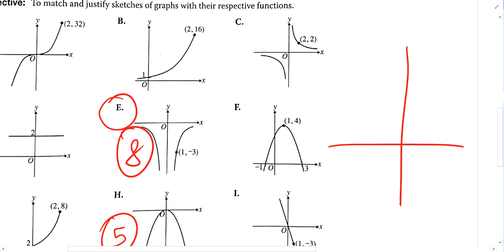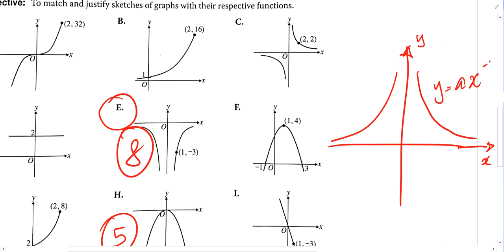I believe you are familiar with this shape. What is the equation like for this graph? Y equals to? Generally, what is the shape of this? What is the equation for this shape? Ax to the power of negative 2.